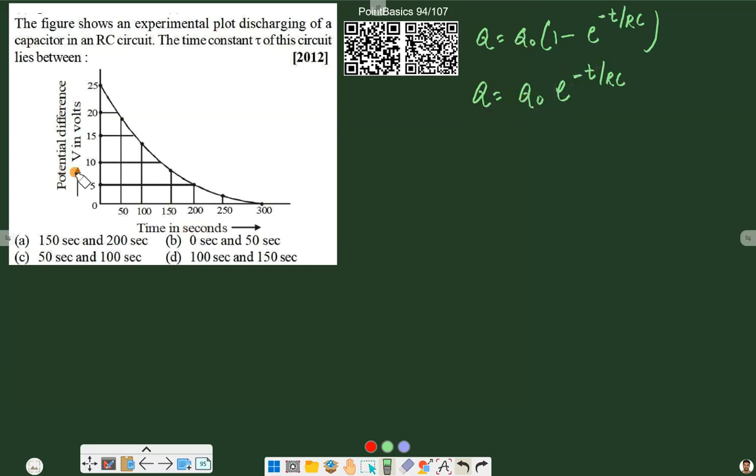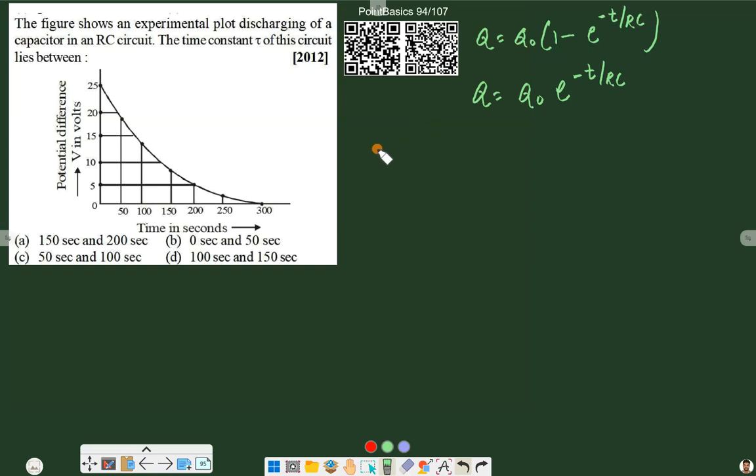Now, in this graph, we have potential difference and time in seconds. So we take the values of potential and time from this graph, and use them in the equation.